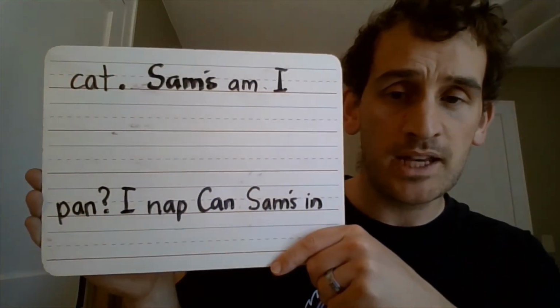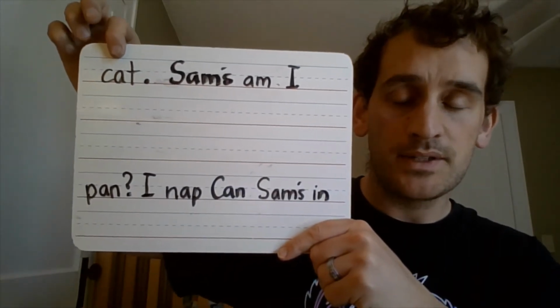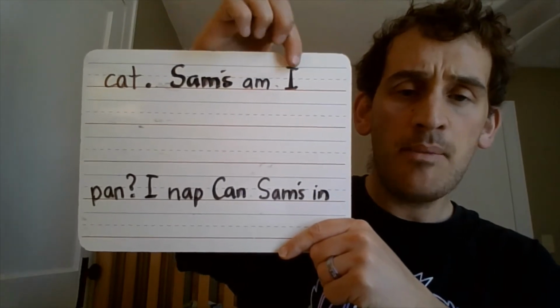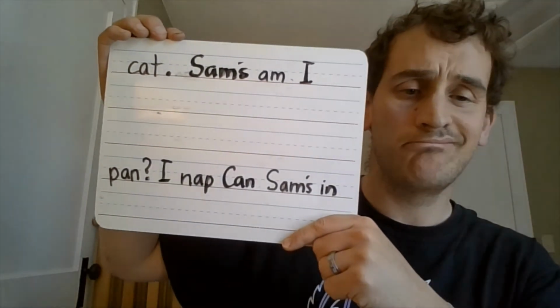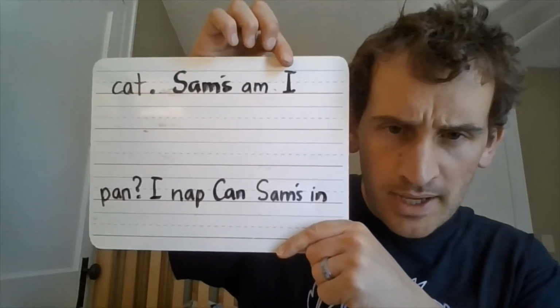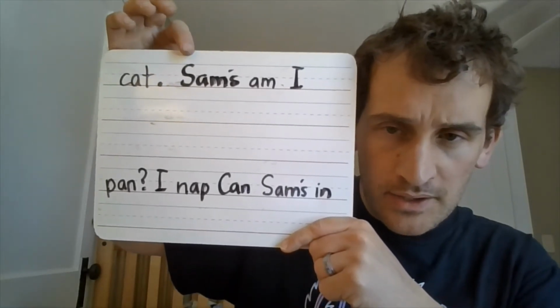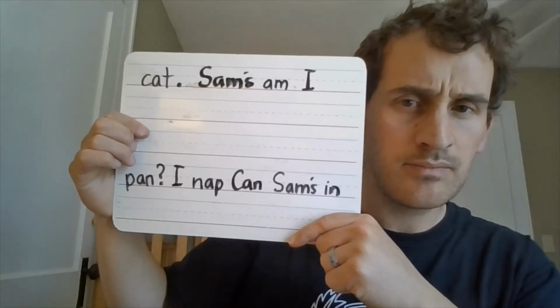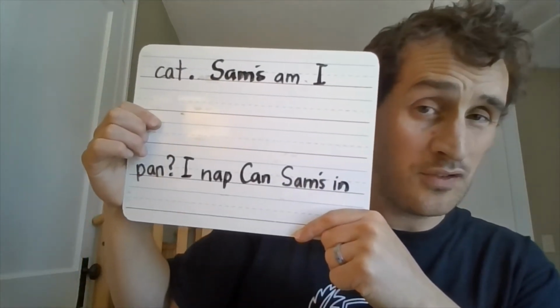Let's take a look at some cut-up sentences, or scrambled-up sentences. This is the word cat. Sam's am I. Well, that doesn't make any sense. But what if we take a look closely? We can see an uppercase letter, a period. So which word has to go last? Which word could go first?